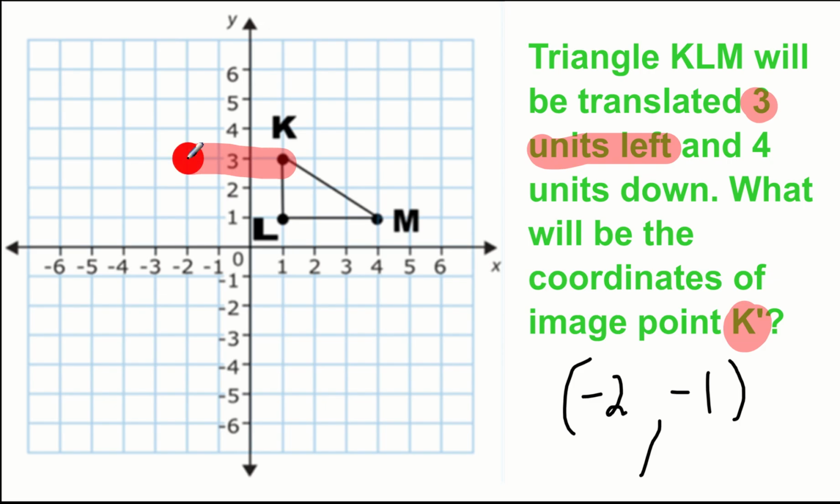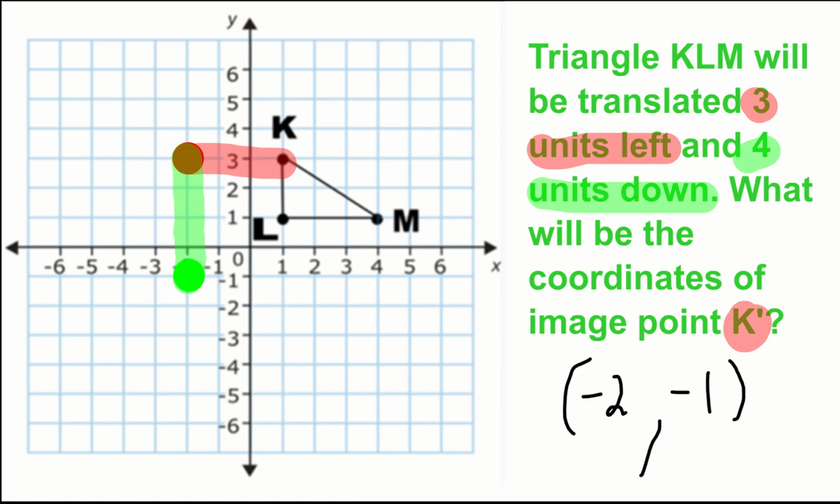That's putting me right here. Then it says 4 units down. So if I go 4 units down, I start here, go 1, 2, 3, 4. That's putting me right here. That's my new ordered pair. The X value is -2, the Y value -1. So -2, -1.